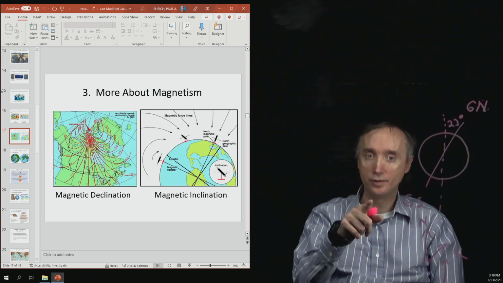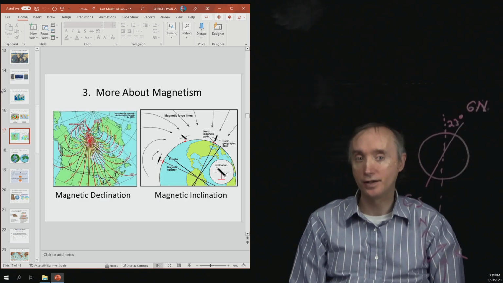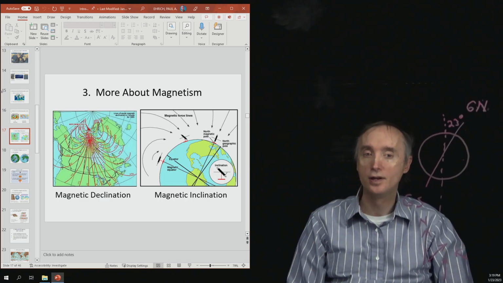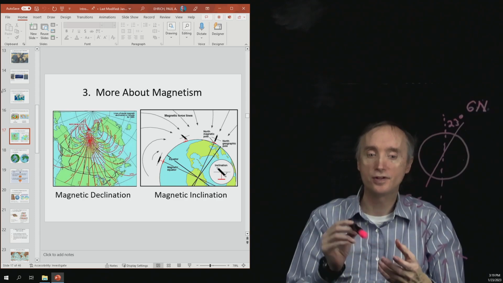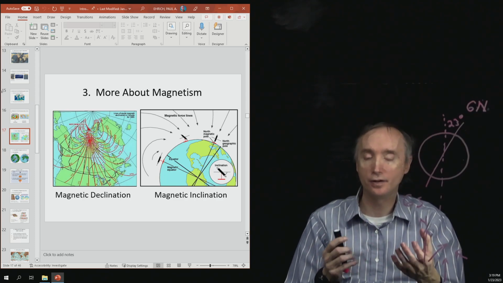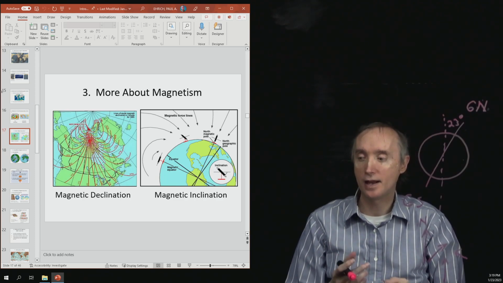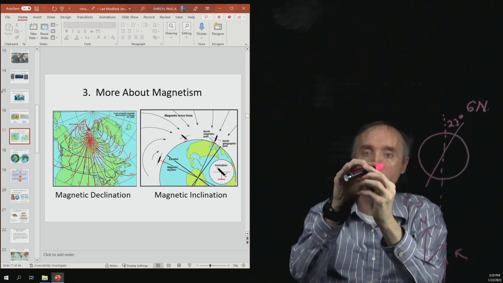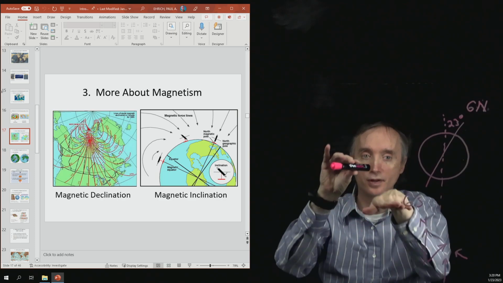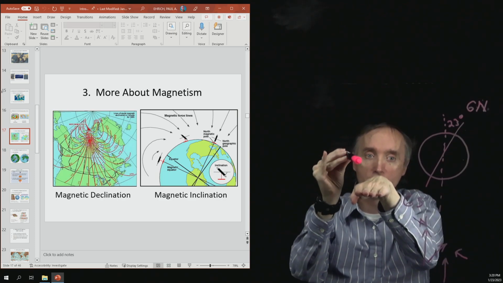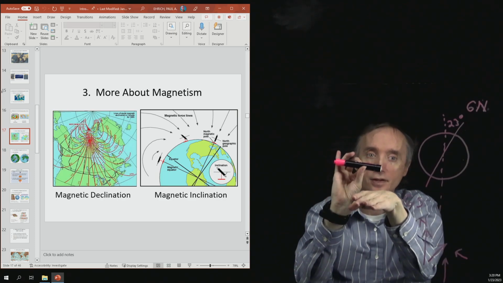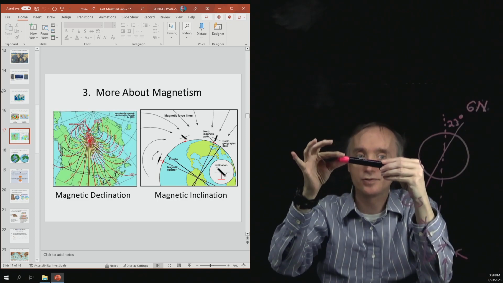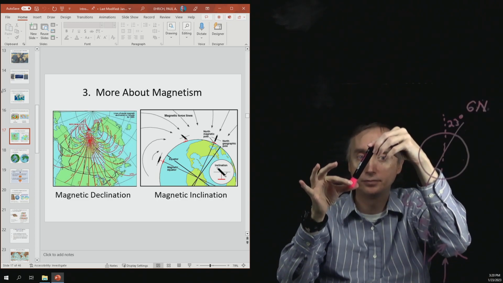The other one is magnetic inclination. There's a special kind of compass that allows the compass needle not only to rotate like this, when the compass is flat, but also to dip.